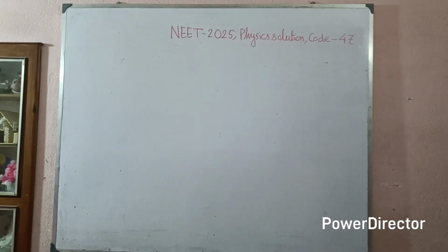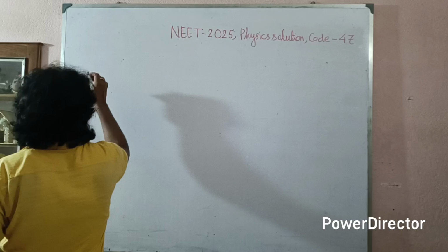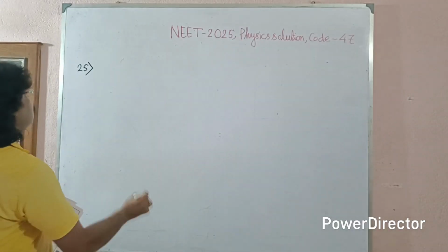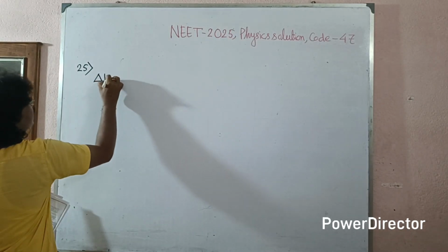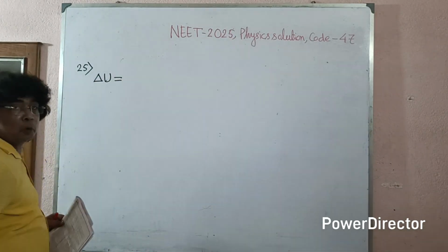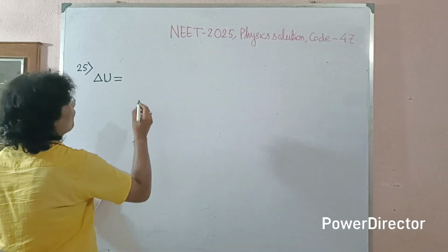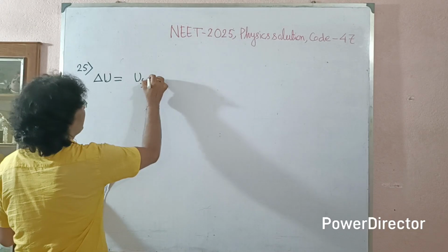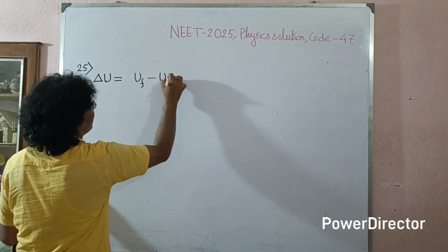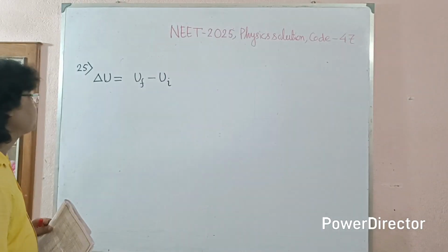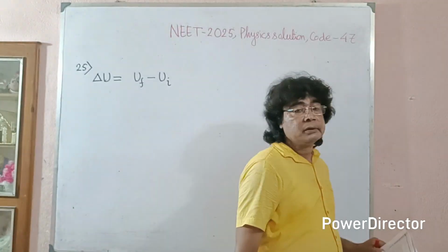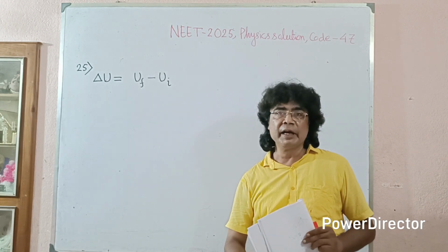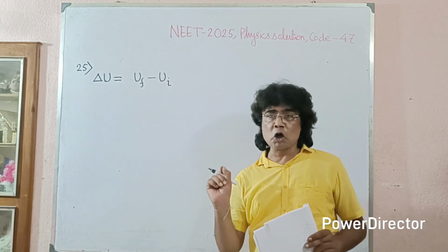See, question number 25. First, change in potential energy of the electric dipole. Suppose final potential energy is UF and initial potential energy is Ui. We know the potential energy of an electric dipole is minus PE cos theta.